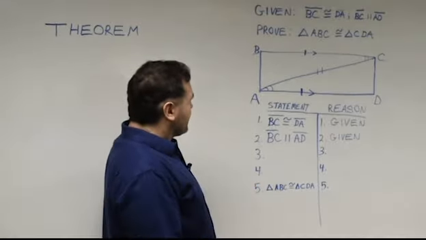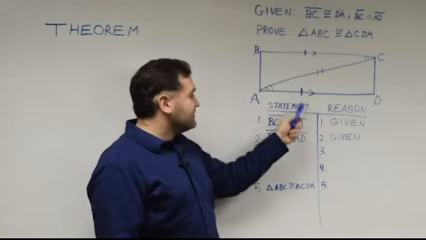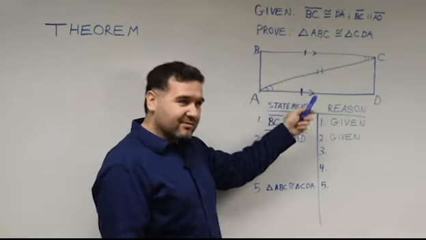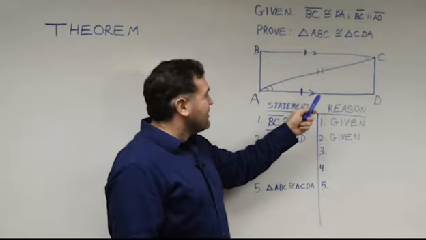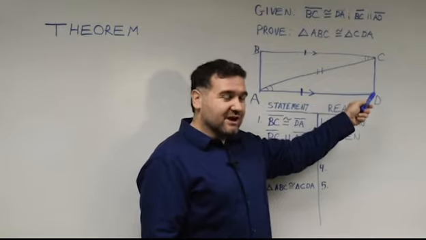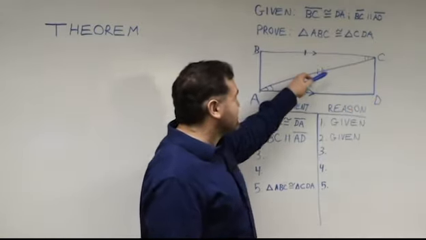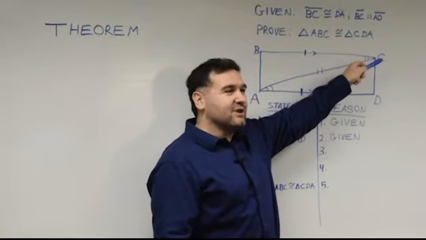Well, let's go back and take a look at what we have. We have two sides in common that are proven congruent. We have these same two sides parallel to each other. I also see a transversal line which passes through those two lines.